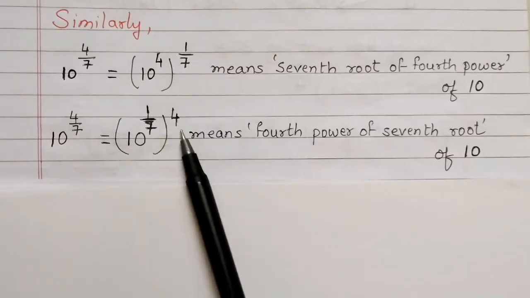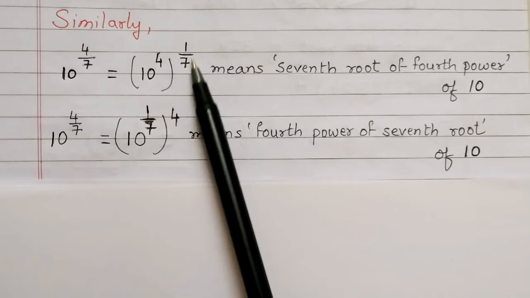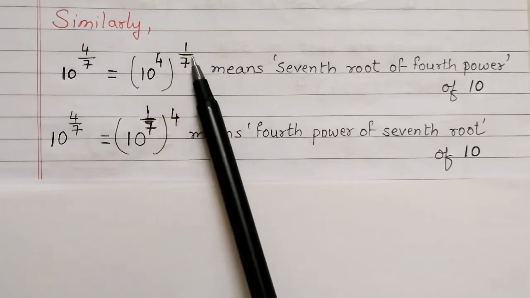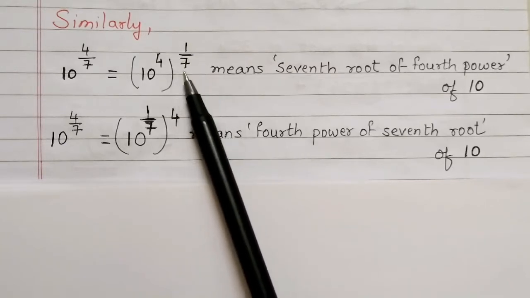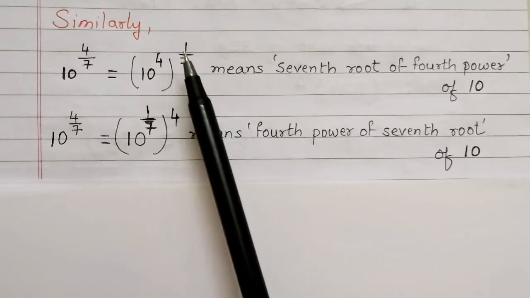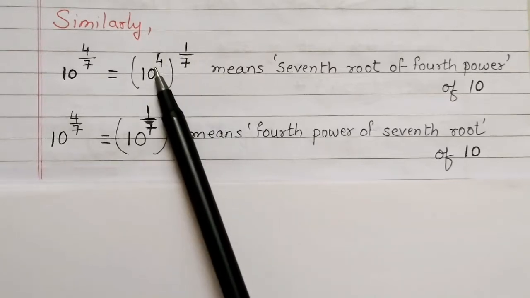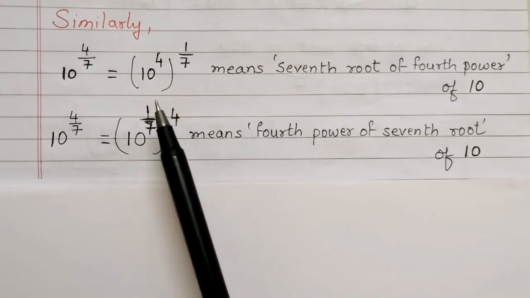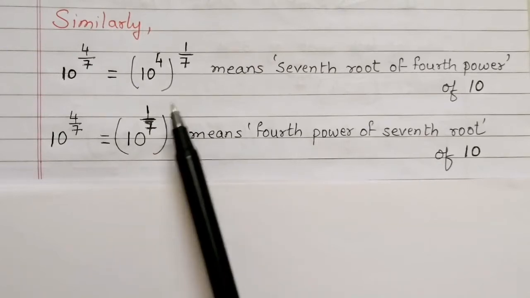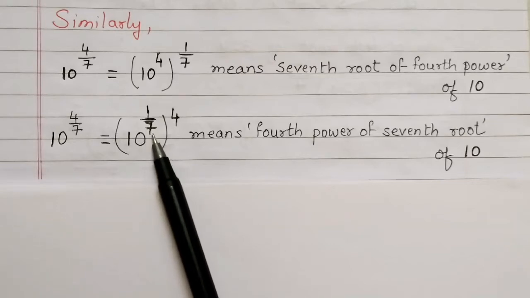So what we saw in these two examples is that whatever is outside the bracket has to be read first. Here we read 7th root first, because 7 is in the denominator. So 7th root of 4th power. Here 4 is outside, so that is 4th power of 7th root.